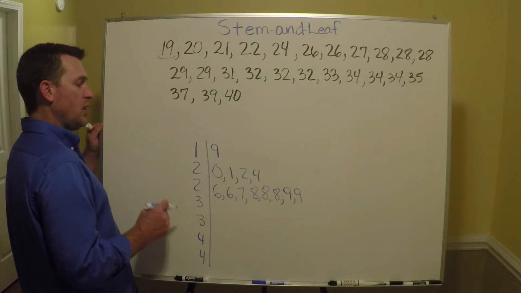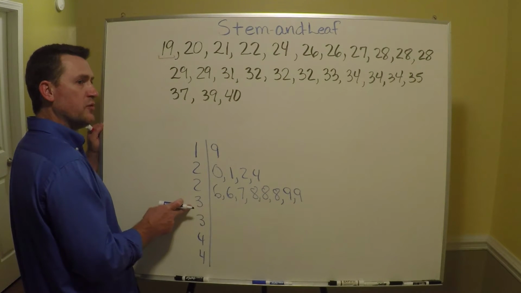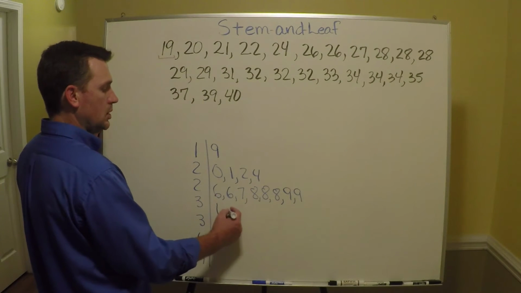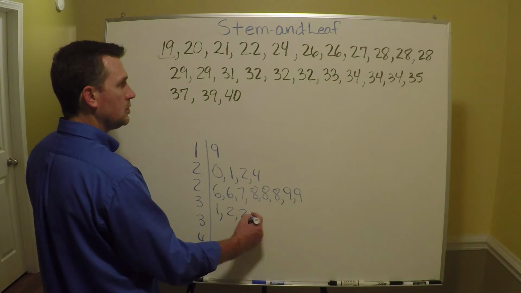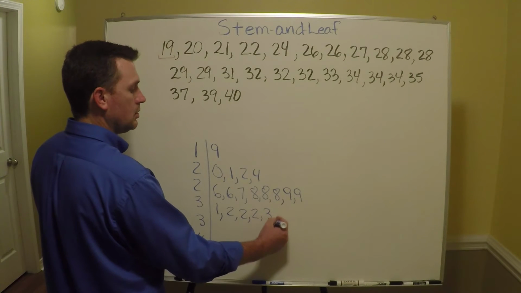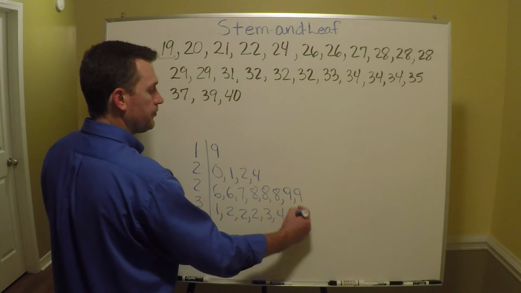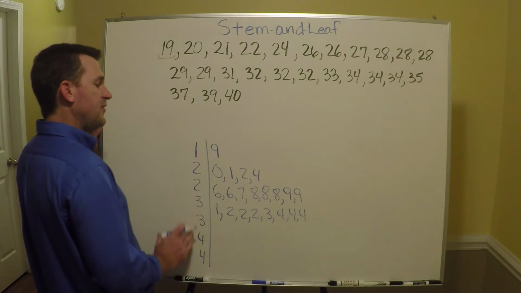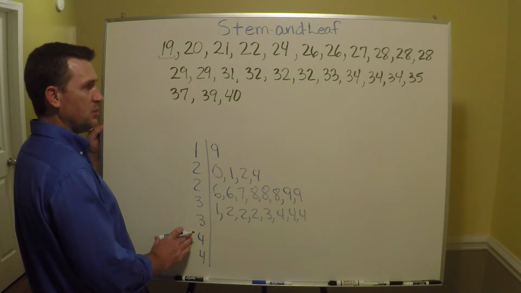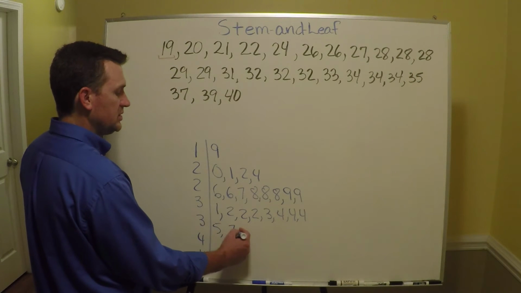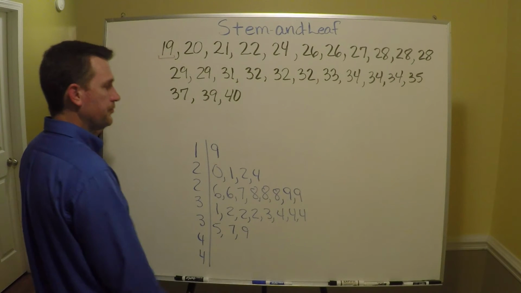Do the 30s the same way. The first set will be for 30, 31, 32, 33, and 34. I don't have any 30s, but I have a 31, two 32s, 33, three 34s, and then stop. 35 is where the next set begins, the upper 30s: 35, a single 37, and a single 39.